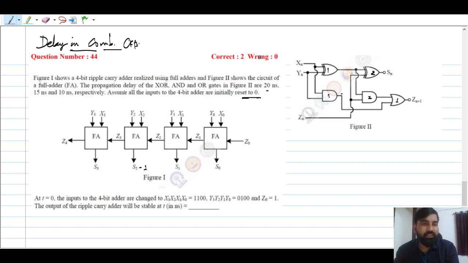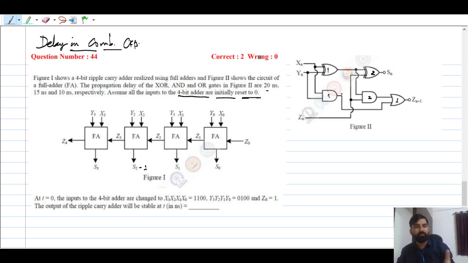The corresponding propagation delays are also given: the propagation delays of the XOR, AND and OR gates are 20 nanosecond, 15 nanosecond, and 10 nanosecond. Assume all the inputs to the 4-bit adder are initially reset to 0. You can spend 15 seconds on reading and understanding the question.